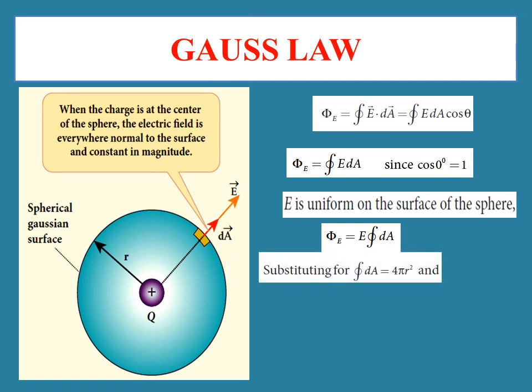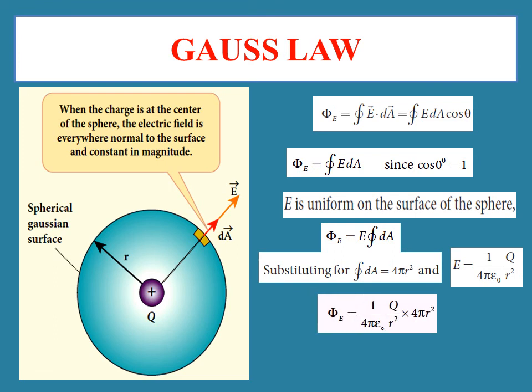Now, the integral of dA, since it is a sphere, will be equal to 4 pi r squared. And we already know E is equal to 1 by 4 pi epsilon naught times Q by r squared. Therefore, you substitute 1 by 4 pi epsilon naught Q by r squared into 4 pi r squared. The 4 pi terms get cancelled.